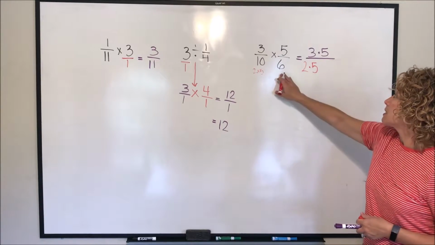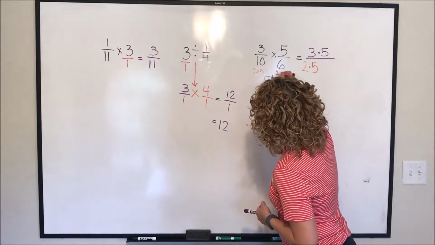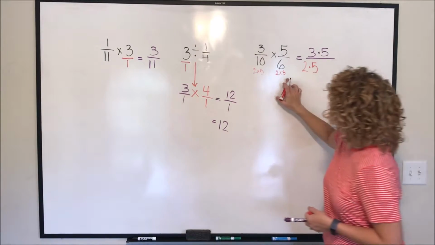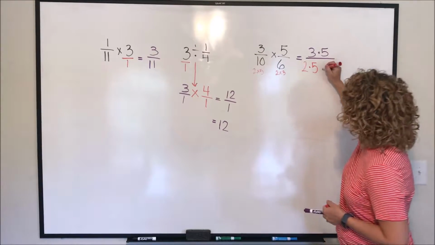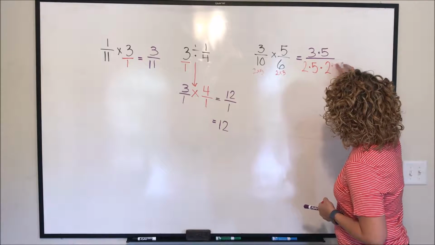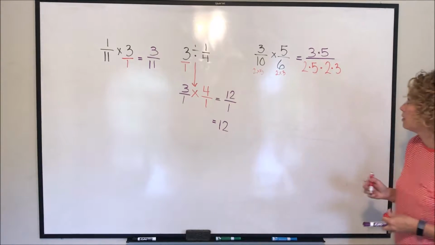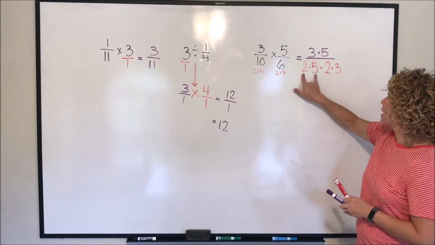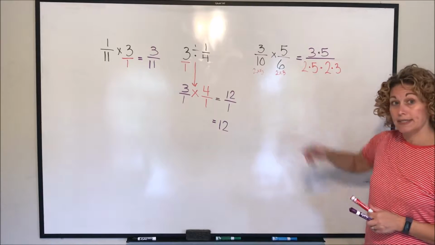Okay? 6 is 1 times 6, but it is also 2 times 3. And there's a 3 in both of those. So that would help me. So I'm going to put 2 times 3. Okay? So the 2 times 5 replace the 10. The 2 times 3 replace the 6.